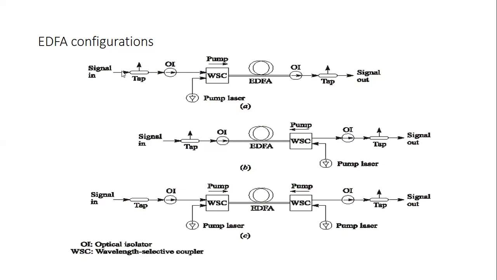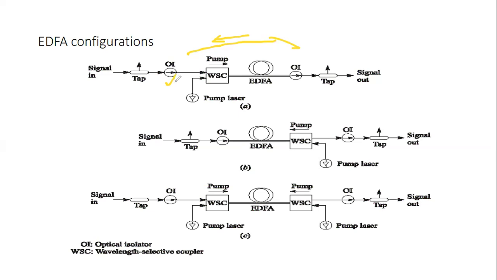This is the output signal that we receive from this optical isolator, and if this signal is reflected back, then it can harm the input device or create attenuation and distortion. So in order to stop this reflected signal from reaching back to the device, we are using this optical isolator.